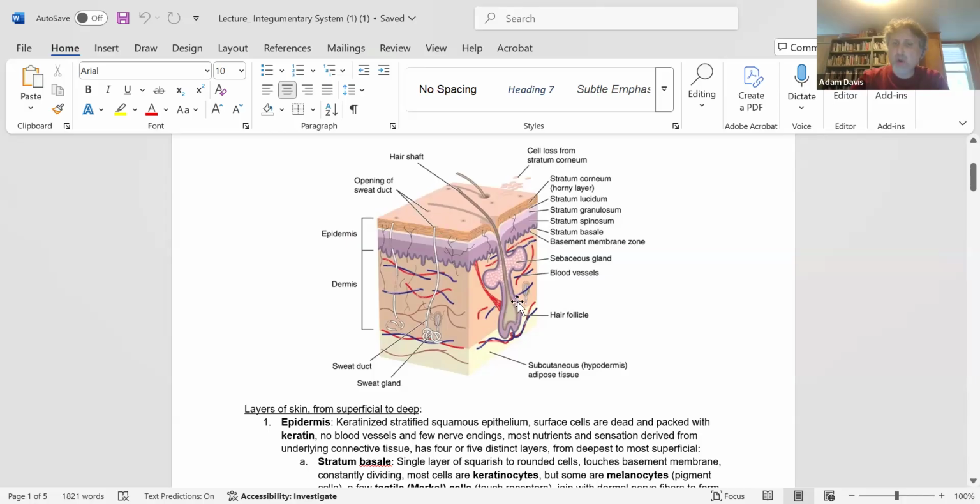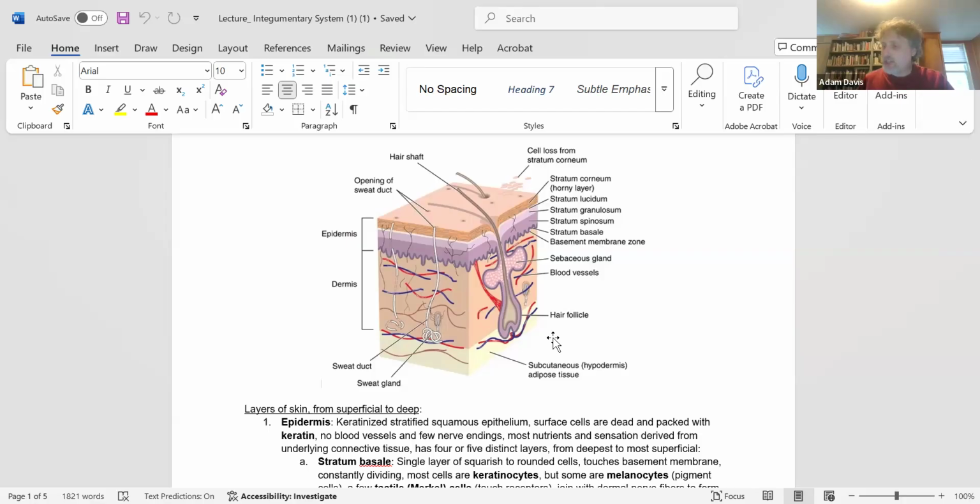You can see your hair follicles originate down within the dermis, even if the shaft of the hair penetrates the epidermis and makes its way up onto the surface of the skin. And then way down here at the bottom, this pale layer, this is the hypodermis, sometimes called the subcutaneous tissue.